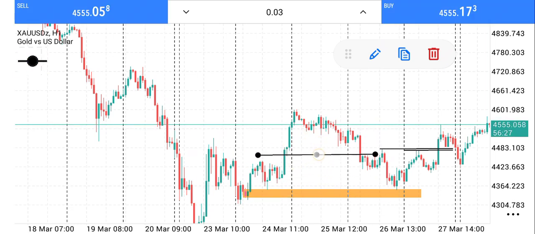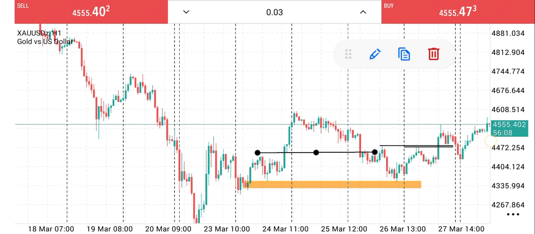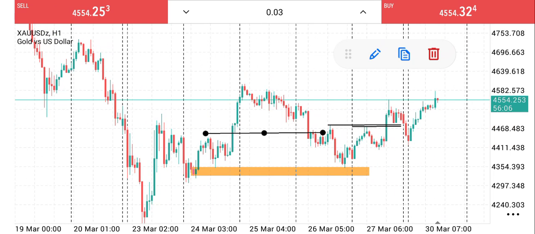So what do I do? The next thing for me to do is to look for either an order block or a breaker block to take my entry, because those are the two POIs that we use in trading this strategy.